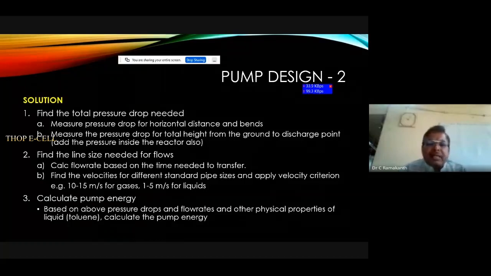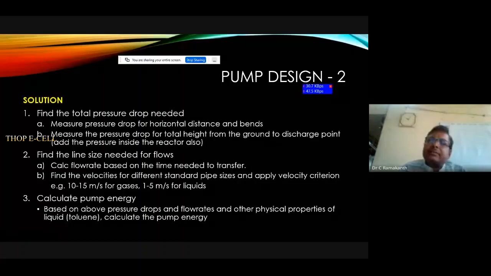Okay, so based on Q is equal to velocity into area, where Q is the flow rate, if we increase the area, then velocity will decrease, because Q is constant. Right?